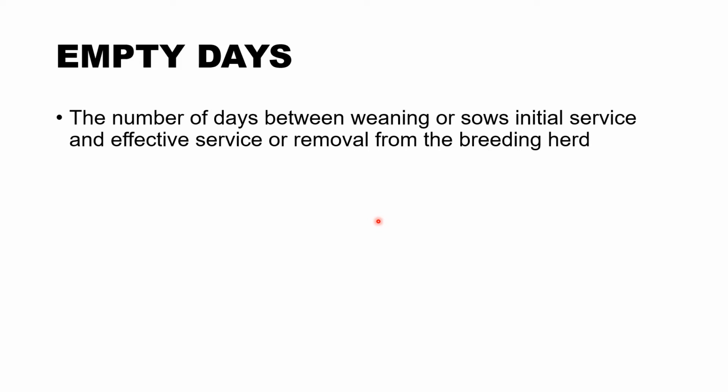The number of days between weaning, or the number of days between the initial service or effective service of the sow, or the number of days between removal from the breeding herd, that's empty days, when our sow is not productive.